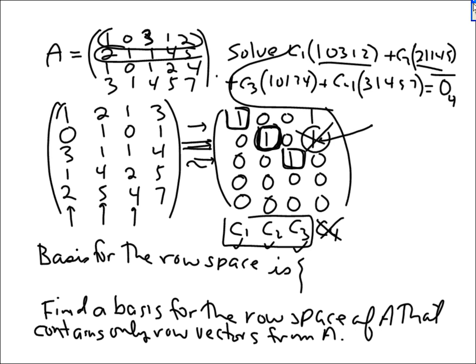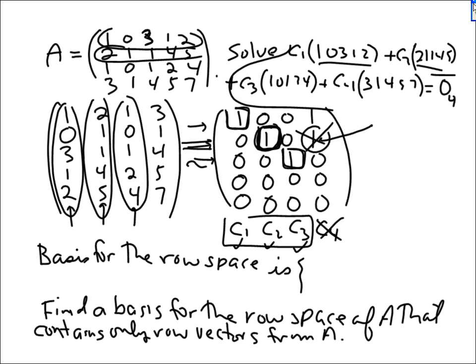These columns, including the last one, were the original vectors. The column space is just those 3 vectors that I just circled, the ones that came from columns 1, 2, and 3. Not of this matrix, but the other one.